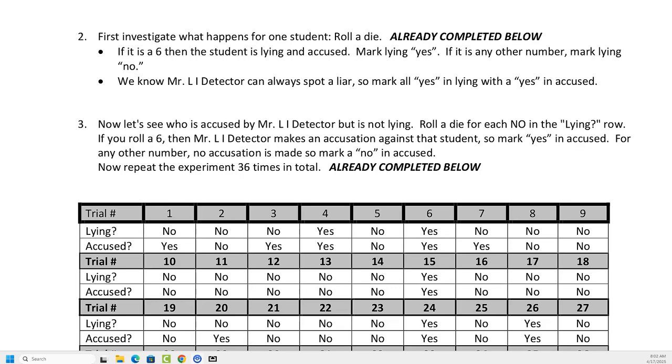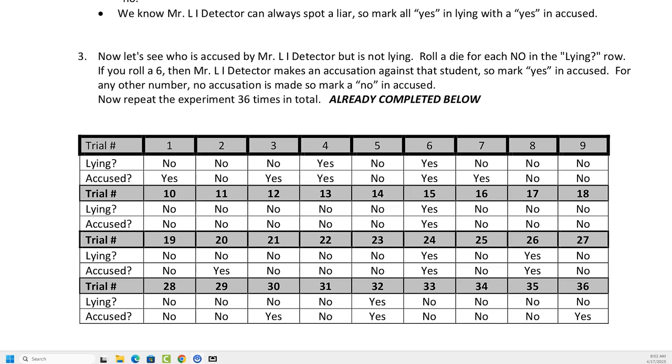So notice here, I'm going to start looking at this table below.